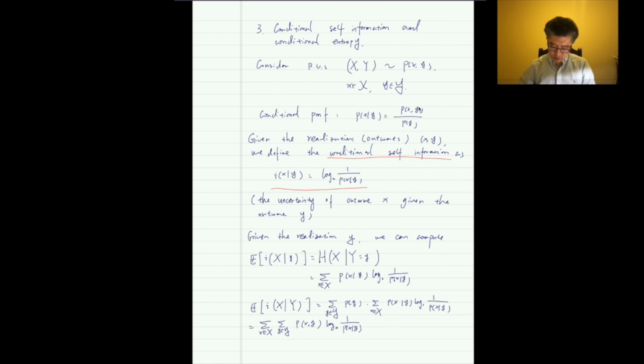We're done. In other words, we can also see this guy is basically the average over x and y. We can understand this as the expectation of log 2 of 1 over p(x given y).